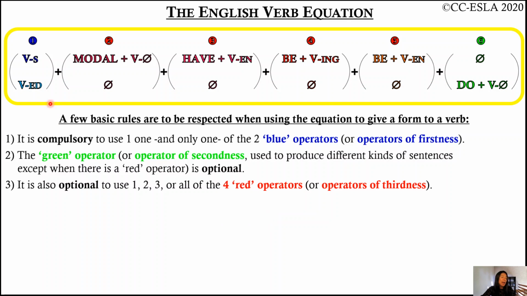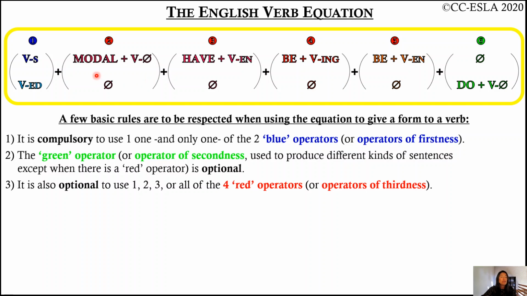So as we have said, only the blue operators, or operators of firstness, are compulsory when conjugating a verb. All the other ones are optional. So the green one is optional and the red ones are optional. And it is possible to use any one of the four operators.